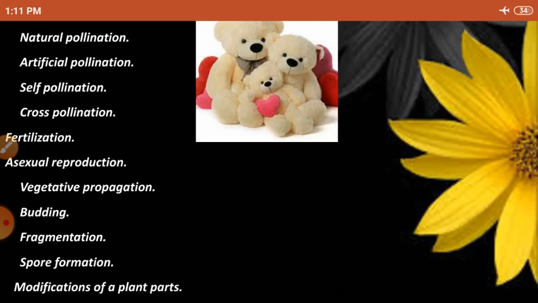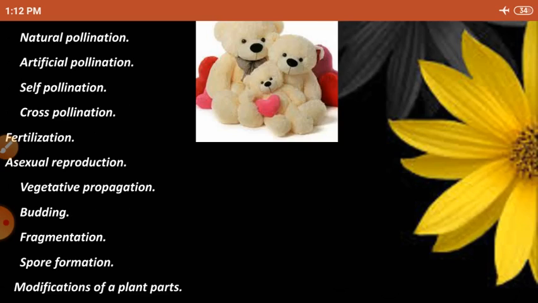So this is what we have discussed in today's class, children. Pollination means the pollen grains reaching the stigma. After pollination, fertilization takes place, meaning the new seed or fruit forms: vegetable, then fruit, then seed. Pollination and fertilization are sexual reproduction.